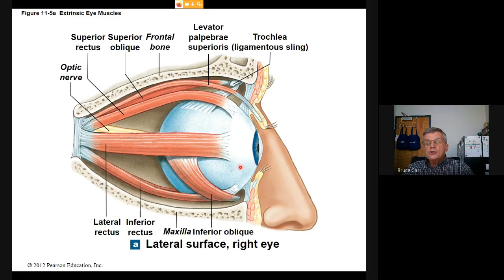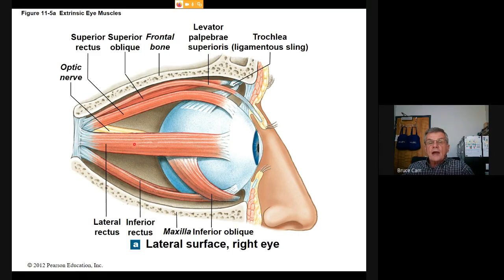Now, in addition to moving our head to direct our vision, we can move our eyeballs within the socket. And that's the main purpose of the muscles that you see here. The 4 straight muscles, called rectus muscles, are named based on their position. This is the right eye.